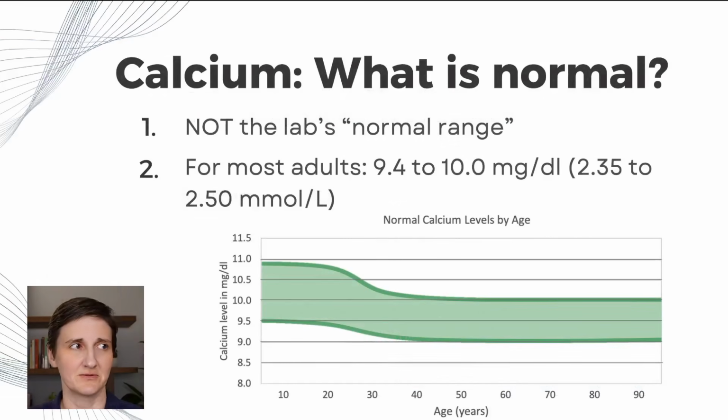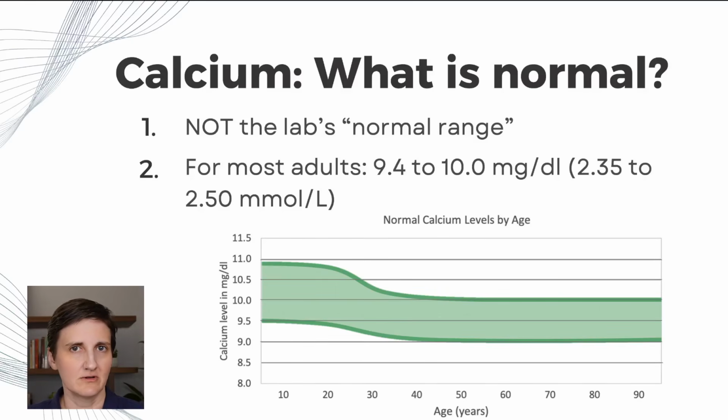This is pretty simple. Okay, the first confusion is, what is normal? Now, I covered this before in one of the earliest talks. Normal is not what the lab calls normal. Our labs tend to give a very broad range for normal, usually somewhere between 8.8 to 10.4.